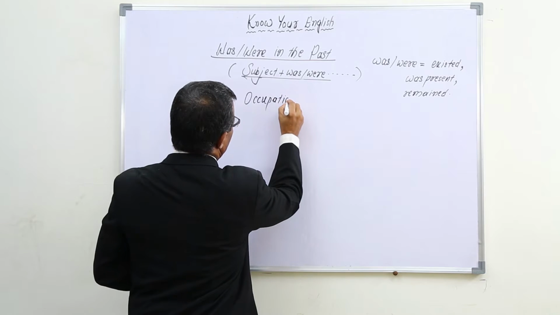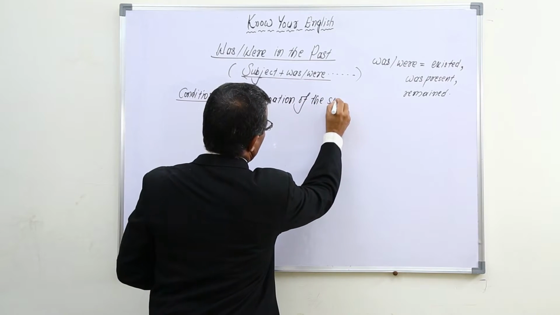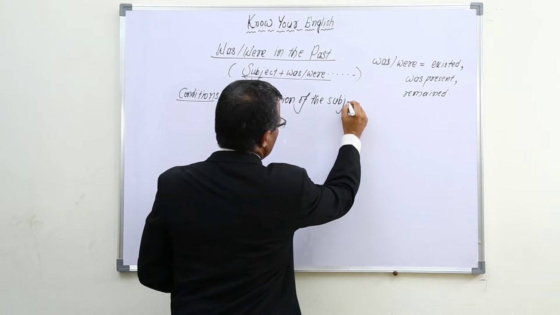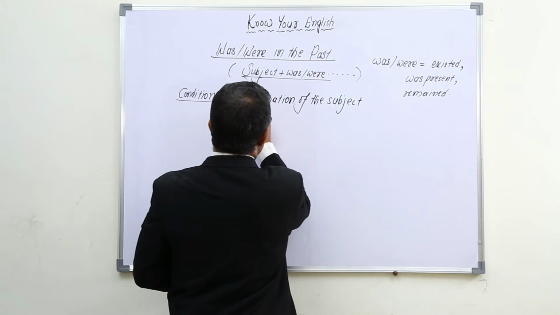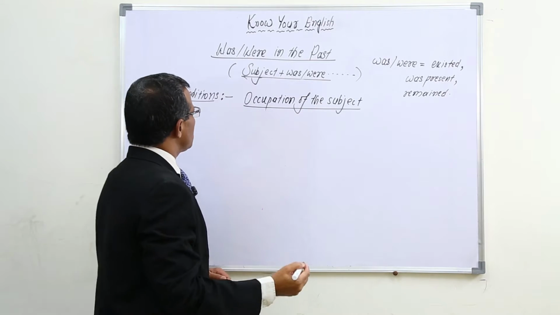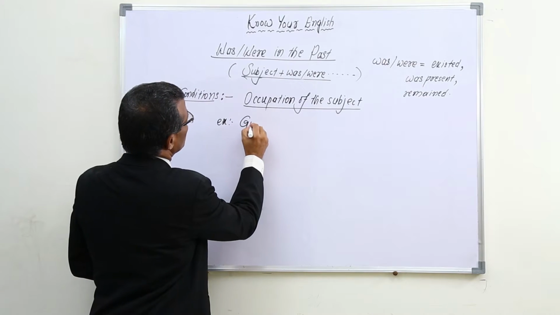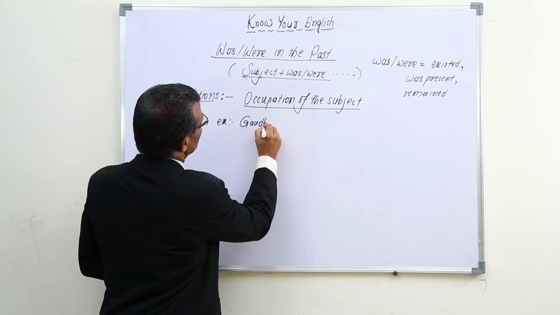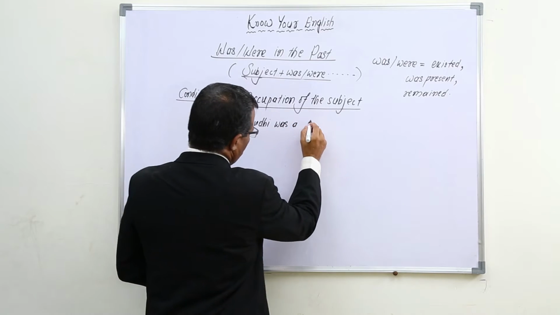The occupation of the subject also we can show by this structure. For example, Gandhi was a lawyer.